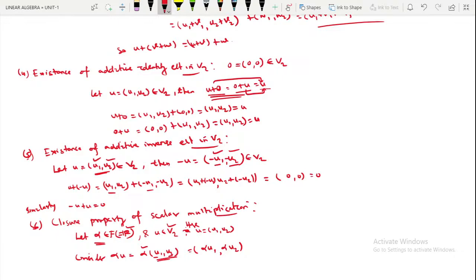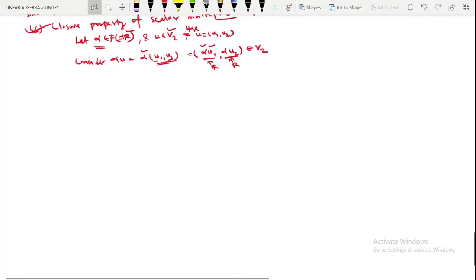Since alpha is a real number and u1 is a real number, the product of two real numbers is another real number. Similarly, alpha is a real number and u2 is another real number, so this product is also a real number. So this belongs to R, this also belongs to R, so we can say this belongs to R2, or V2. So the closure property of scalar multiplication is satisfied.